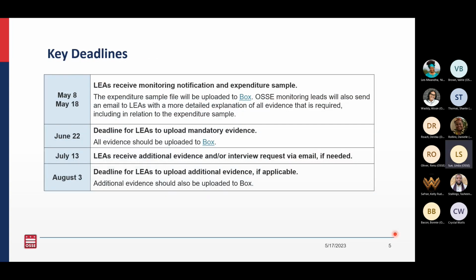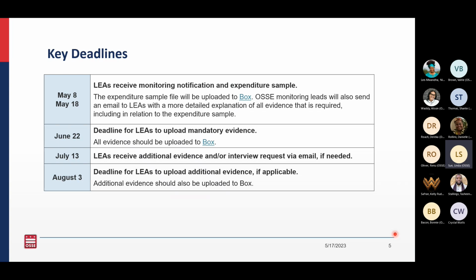To hone in on the specific dates, so like I said, May 8th, you should have received your initial monitoring notification. On May 18th, tomorrow, your expenditure sample will be uploaded to Box. Like I mentioned previously, because we did such extensive fiscal monitoring last year, this year's fiscal monitoring will be very targeted. So the fiscal monitoring this year will only be on the ESSER grants, and it will only be the procurement indicators.